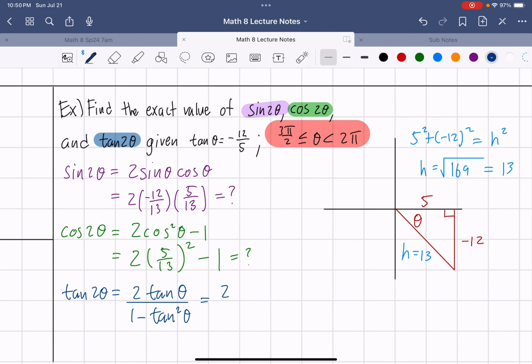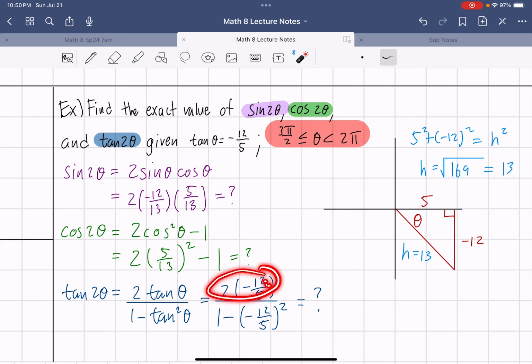This is just going to be 2 times negative 12 over 5, all over 1 minus negative 12 over 5 squared. And I'll have you practice your arithmetic to simplify these, right? Getting the numerator to one single fraction, the denominator to one single fraction, and then you can multiply by the reciprocal.